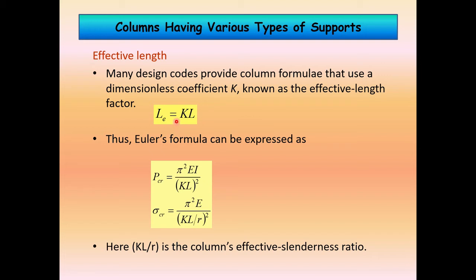L effective equals K times L. The Euler formula can be expressed as P critical equals pi squared times E times I over K times L squared, or the critical stress equals pi squared times E over bracket KL divided by r bracket squared.